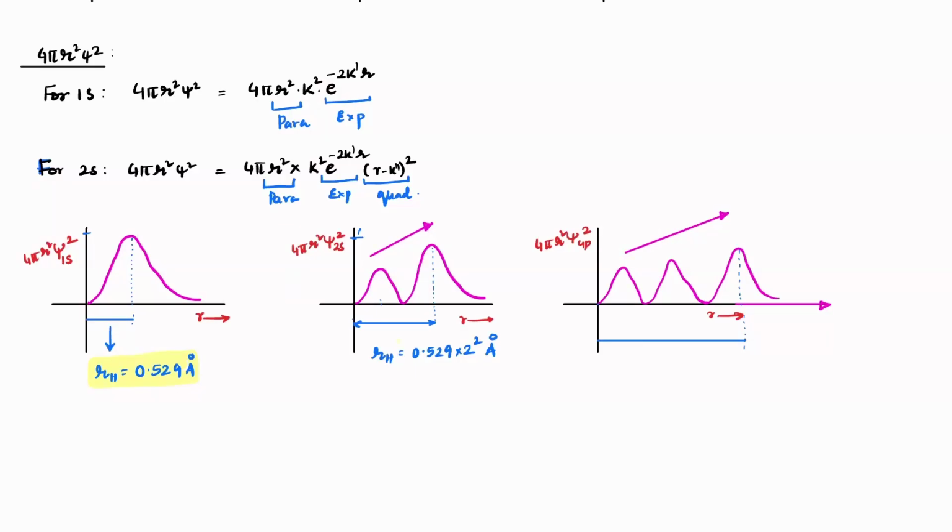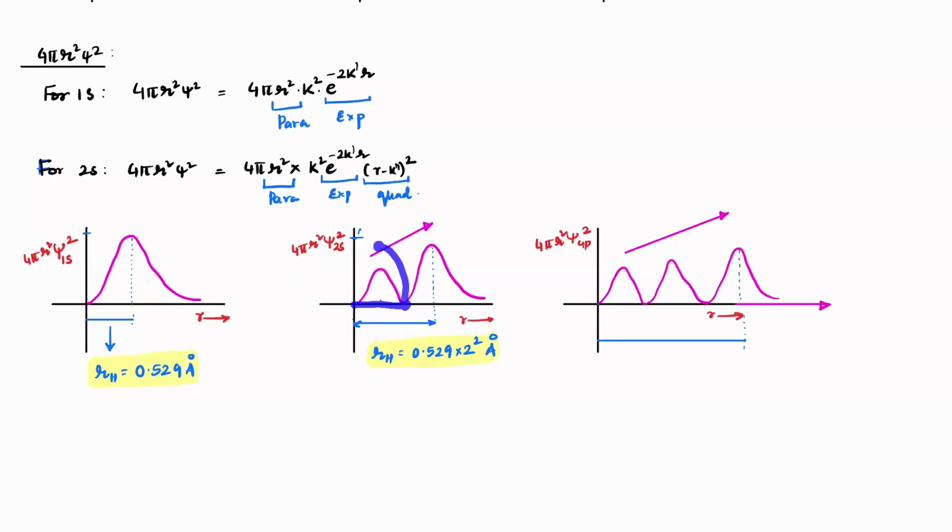So from here the conclusion comes. First conclusion. What are these points exactly? The points on this graph suggest that there is a sphere around the nucleus on which no electron is found. Clear?